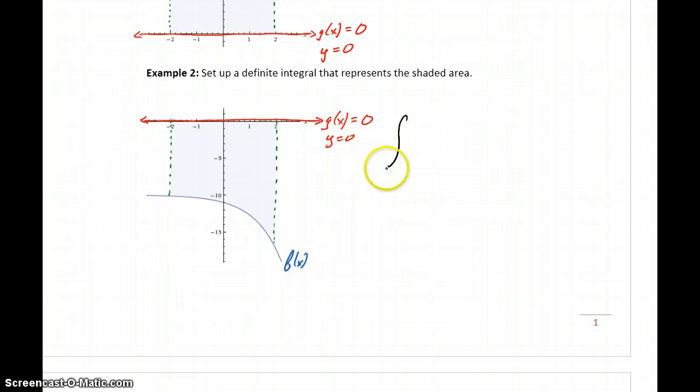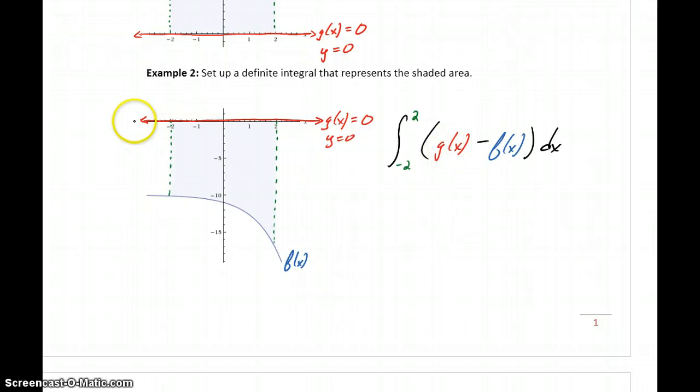We'll look at the upper bound and lower bound, which in this case will be -2 to 2. We'll start with the function taking on the larger function value, which in this case is g of x, minus the function taking on the smaller function value, so minus f of x dx.